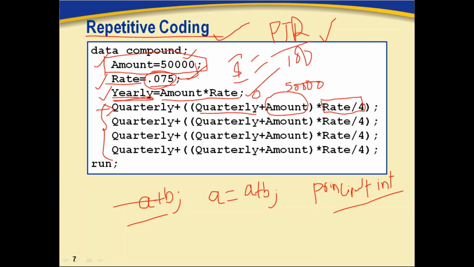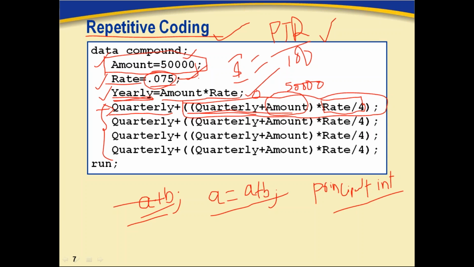In the same way here, there is an expression which they are using. One is quarterly and the other one is this entire thing. So let's assume quarterly is A, and this entire thing is B. So A plus B. What is the meaning of A plus B in SAS?